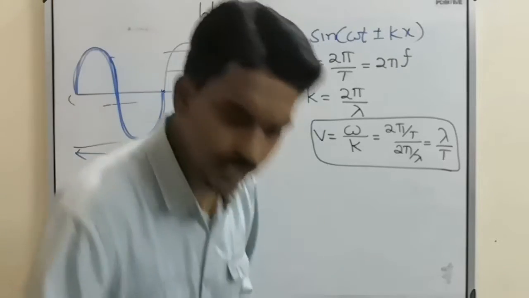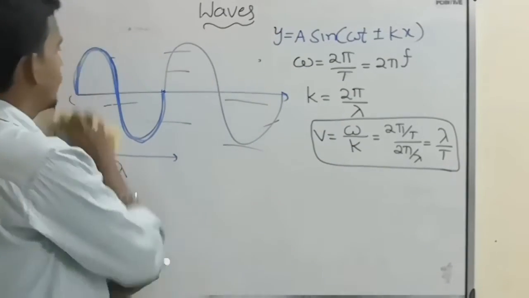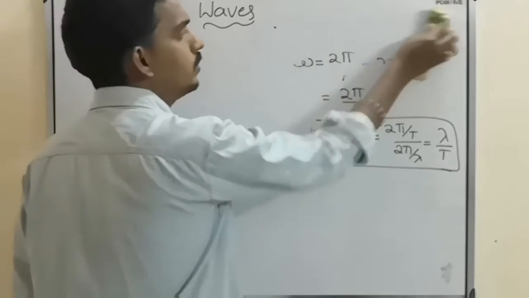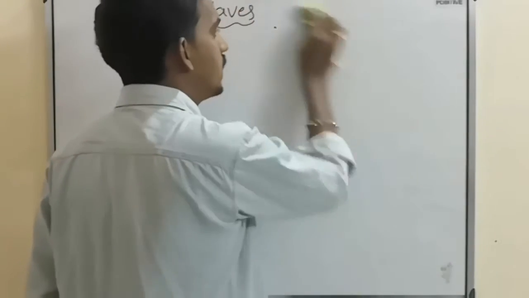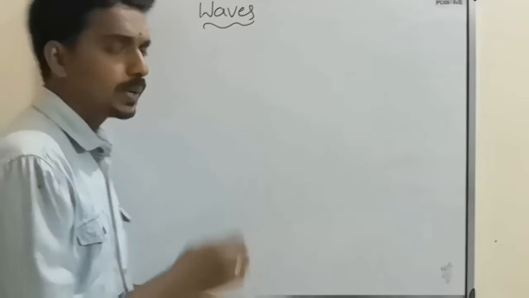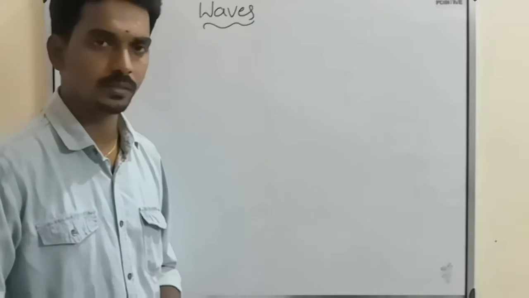So if the question is specifically about a sound wave, nothing but a longitudinal wave, or a transverse wave, nothing but waves on a string, then what is the speed of the wave? They did not give any wave equation.